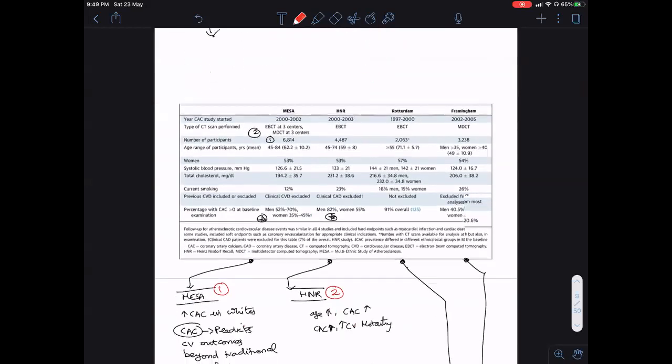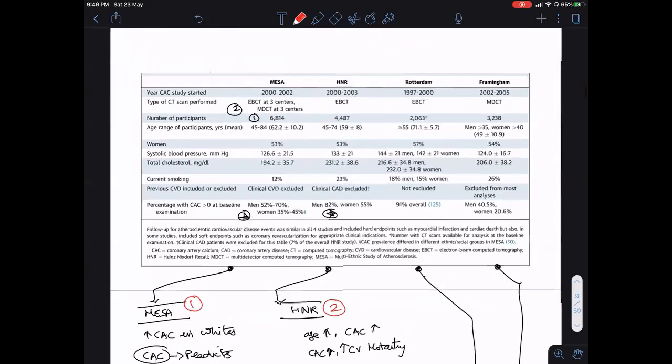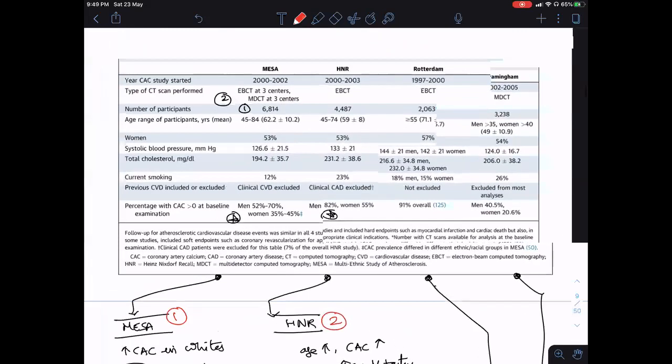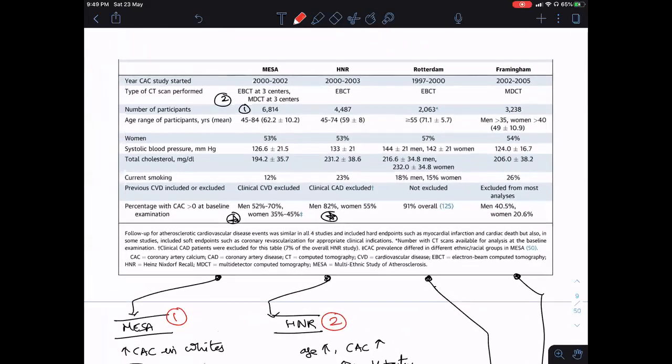As we all know, MESA has been going on for the last 20 years or so. Over 1,000 publications have been published from the MESA group. The MESA study also looked at CAC. This was one of the earliest studies to do so, in 2000.